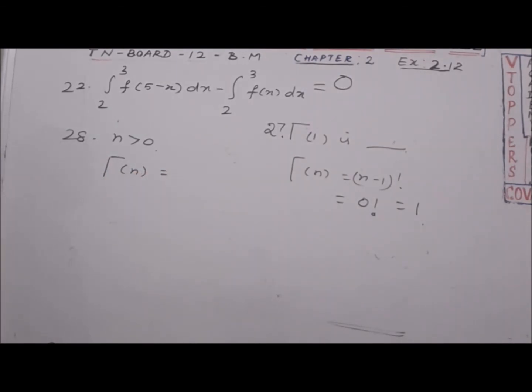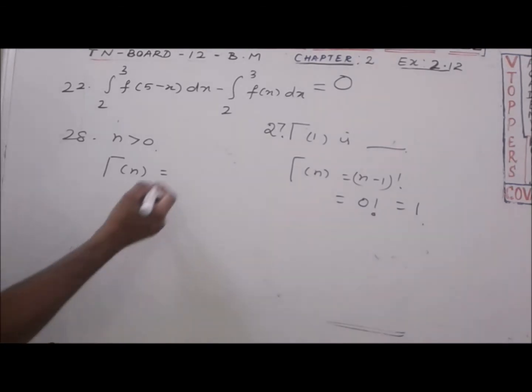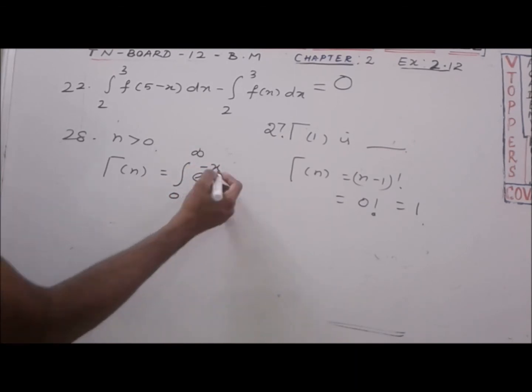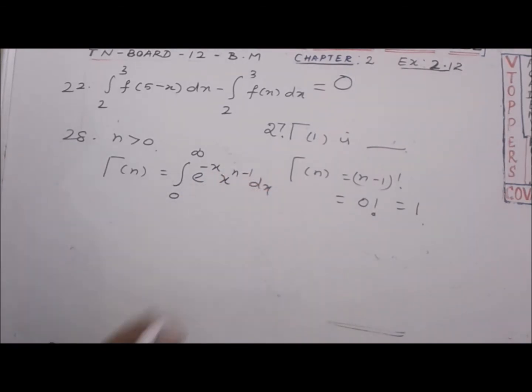We have when n greater than 0, then gamma of n equal to integral 0 to infinity e power minus x, x power n minus 1 into dx. This is the gamma function formula: when n greater than 0, gamma of n equal to integral 0 to infinity e power minus x, x power n minus 1 into dx.